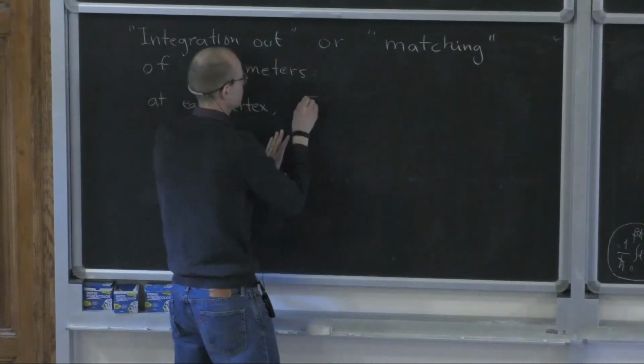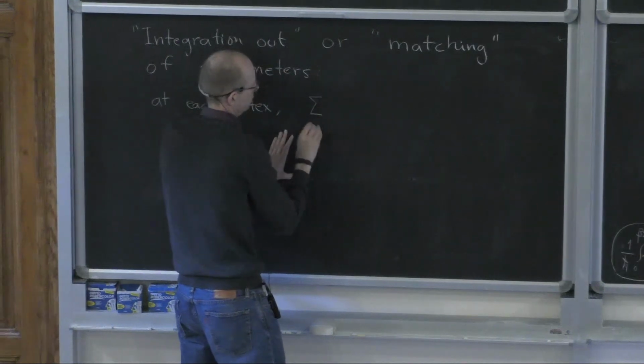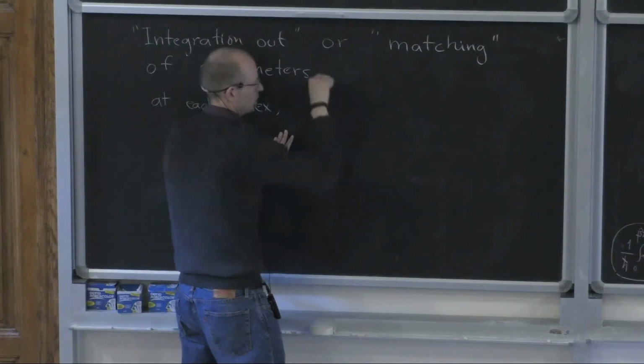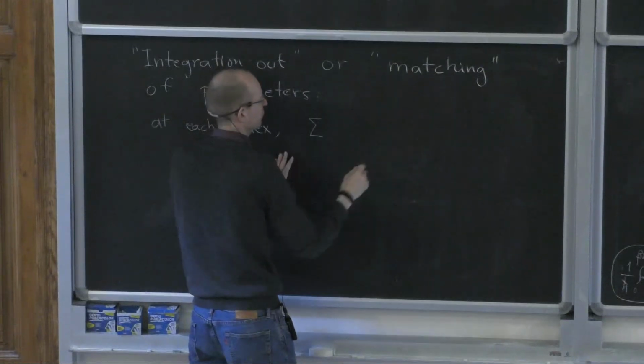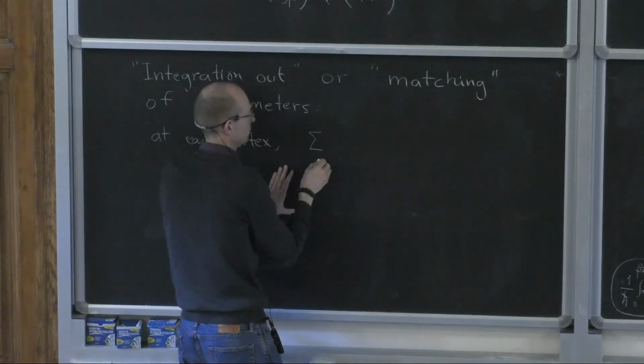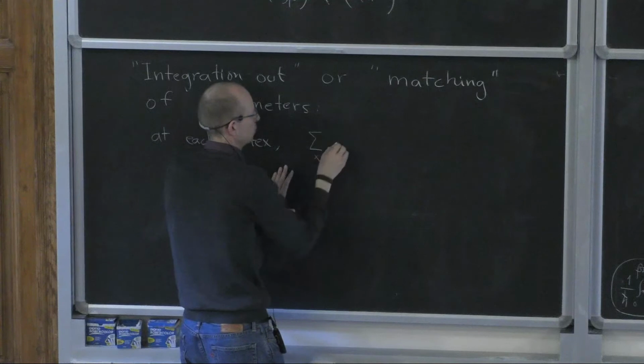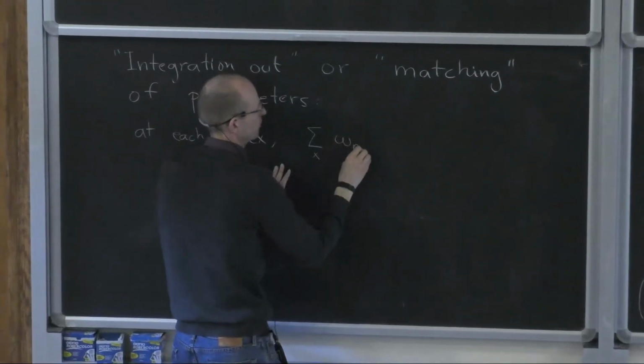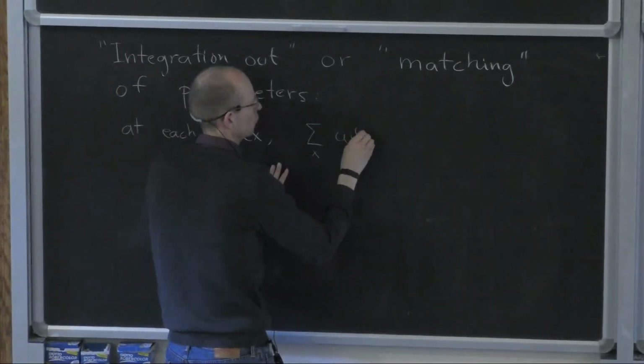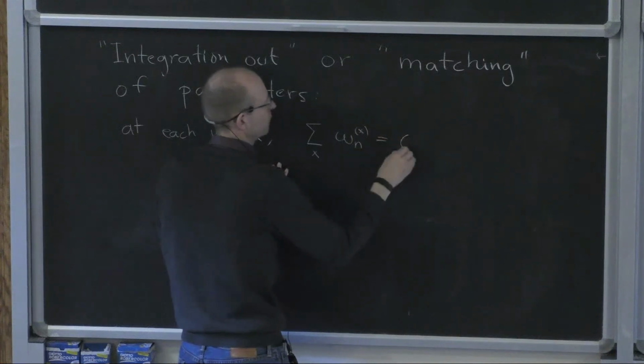So this means that if I had different lines entering a vertex, then the sum over, let's say, the Matsubara frequencies of those fields has to add to 0.